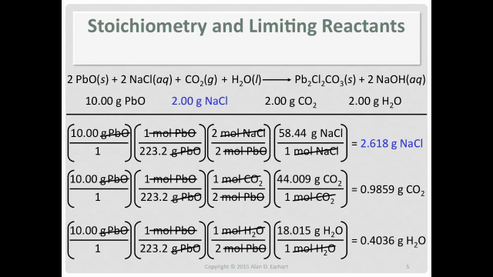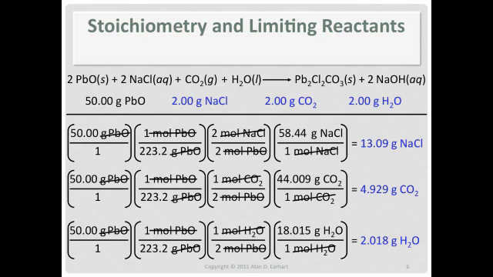Let's change it again. Let's say I have 50 grams of lead 2 oxide. I've just jumped right to the calculations here. And 50 grams of lead 2 oxide requires more sodium chloride, more carbon dioxide, and more water than I have.